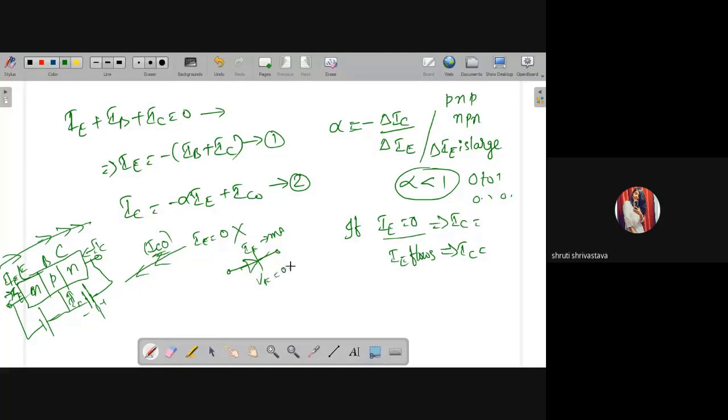Suppose you take a normal PN junction diode. Whenever it is a practical diode, in forward bias it has a voltage of 0.7 or 0.3, and in forward bias the current will be in milliamperes.